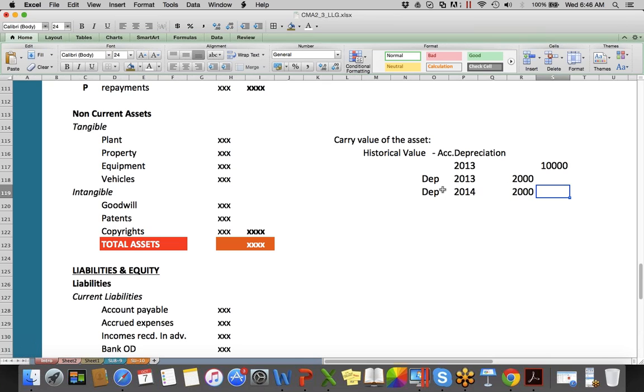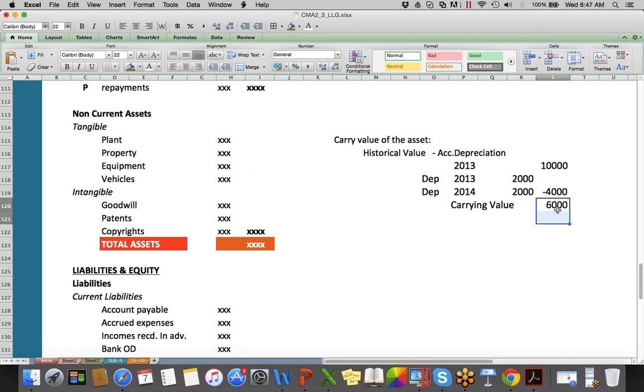So the accumulated depreciation here is 4000, and the carrying value will be 6000. Always this asset is to be shown at its historical value in the balance sheet. But this accumulated depreciation will be deducted at the bottom and it will show the carrying value here.